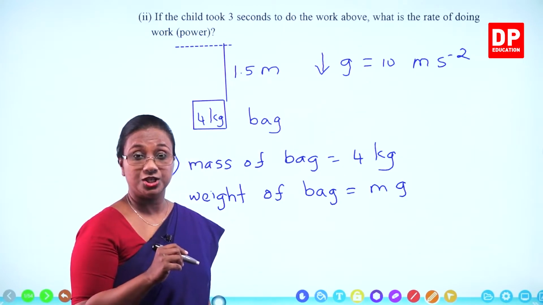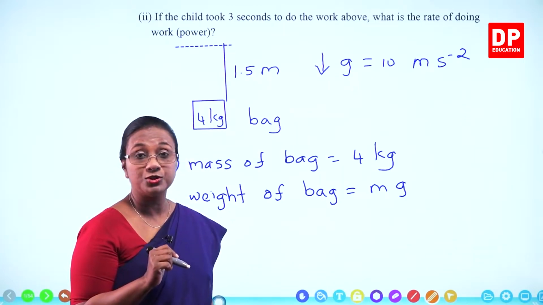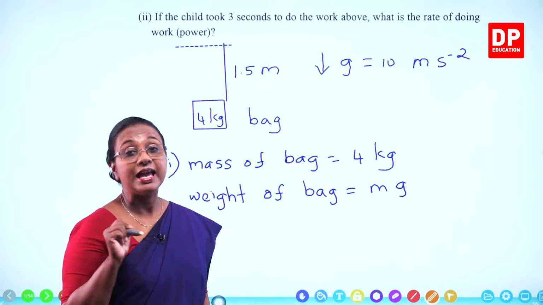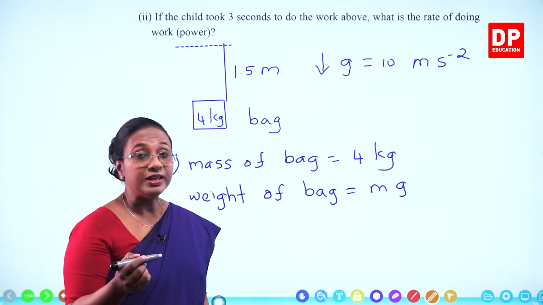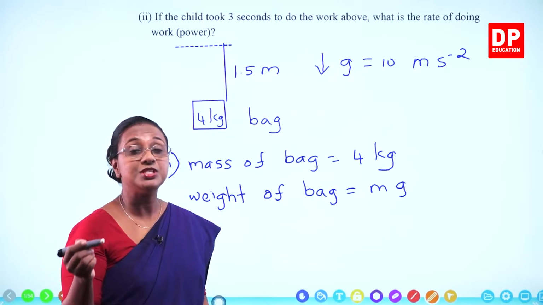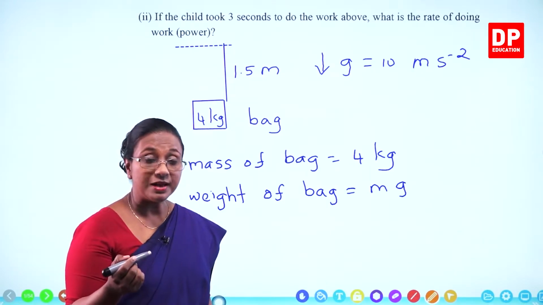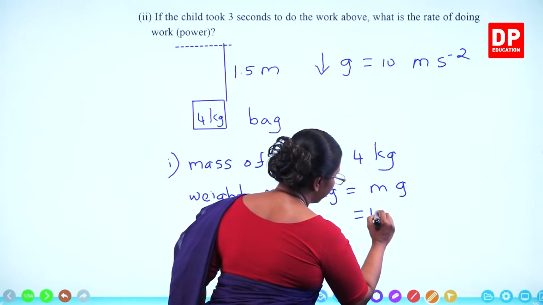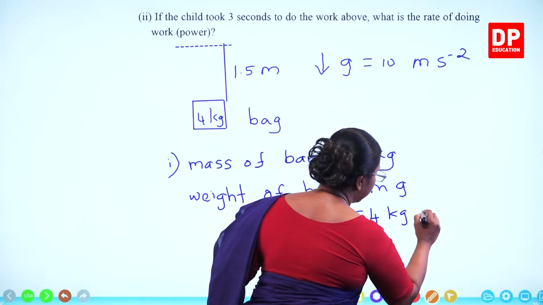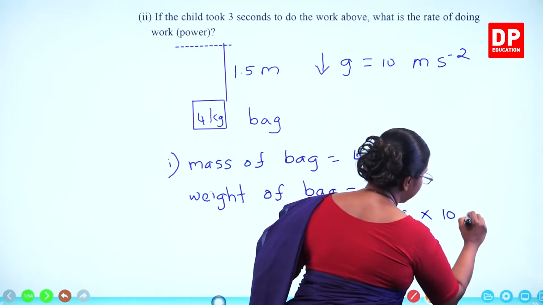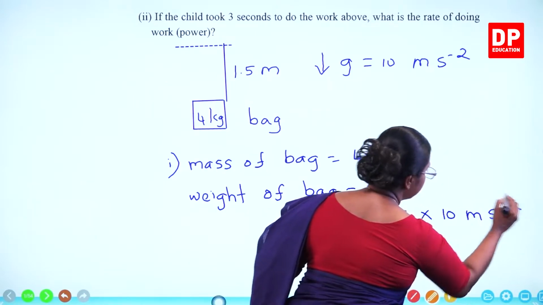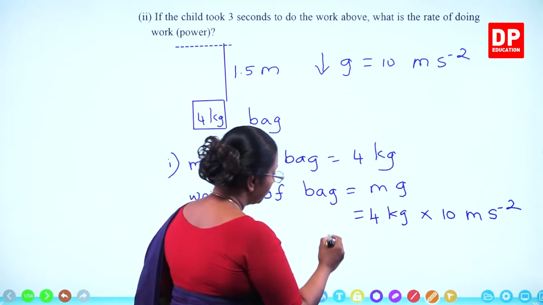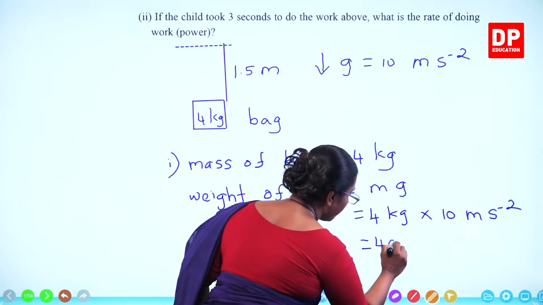You know the equation, Newton's second law of motion. F equals ma. From that we get W equals mg. W is weight, m is mass and g is gravitational acceleration. So here it's going to be 4 kg into gravitational acceleration 10 meters per second square.